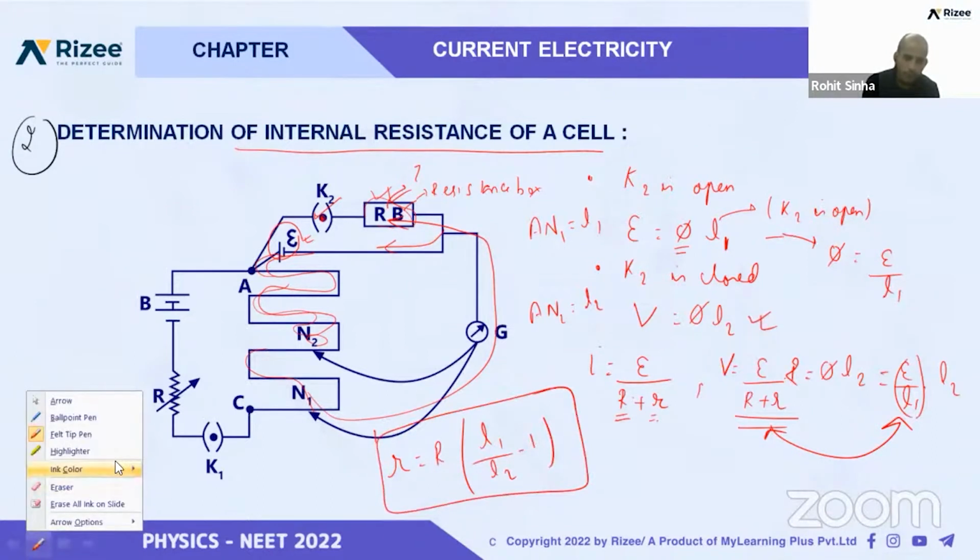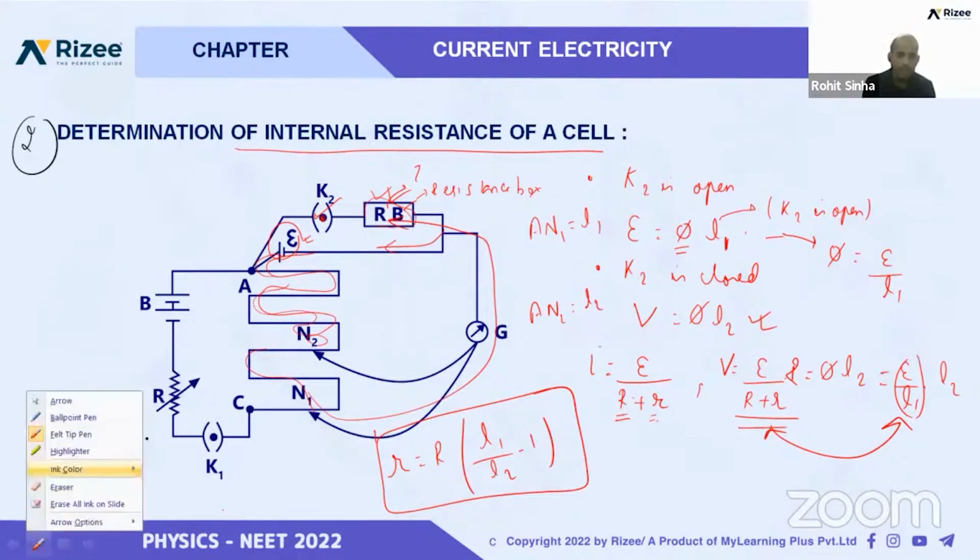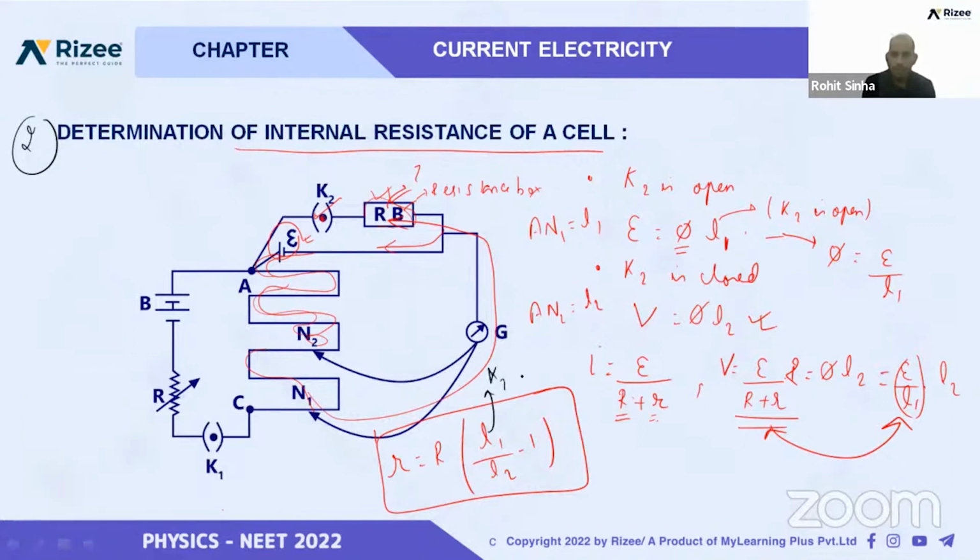Any problem to anyone? Only one thing you have to remember: in the numerator we have taken L1. We get L1 when K2 is off, and we get L2 when K2 is on.